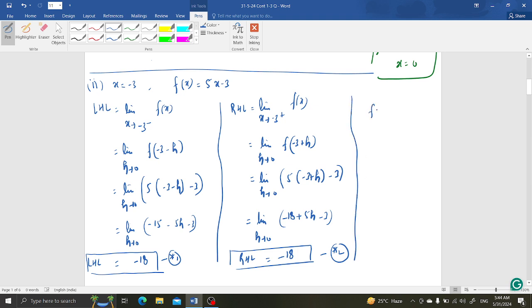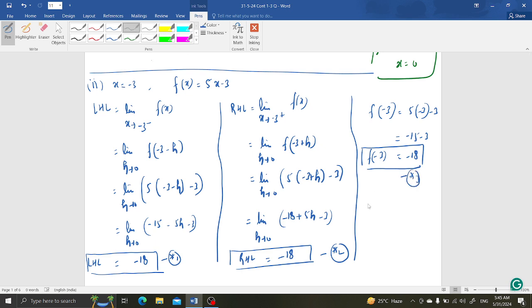Now, f of minus 3: if we want to find it, 5 into minus 3 minus 3, minus 15 minus 3, minus 18. This is our f of minus 3. This is our star 3.